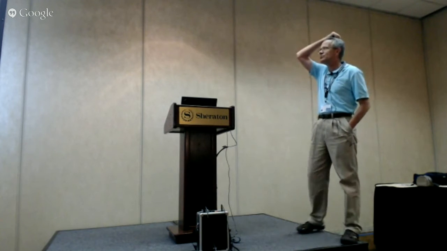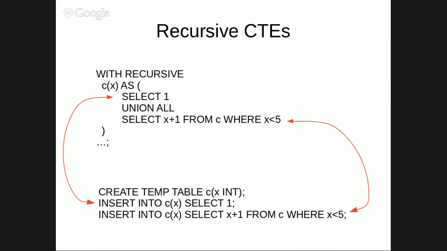So here's the correspondence to that little thing I showed you before. Remember, I talked about the recursion thing, and I said this is not how SQL really works. But here's kind of the correspondence and the syntax for recursive common table expressions.